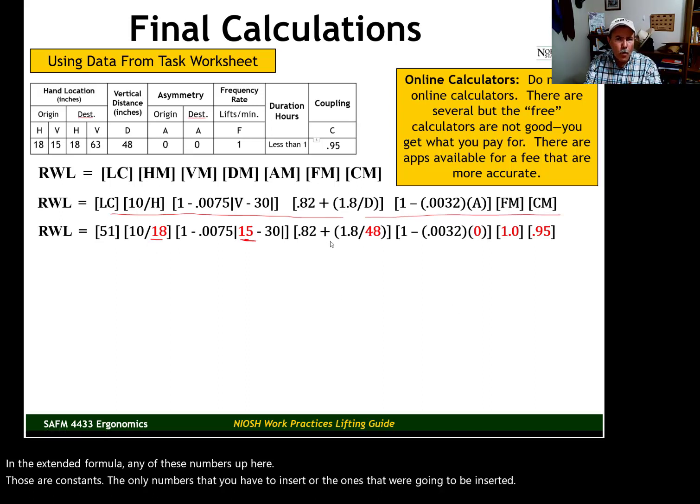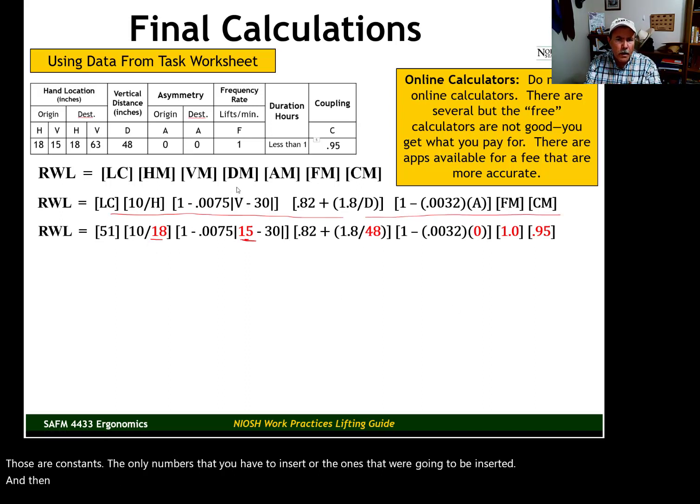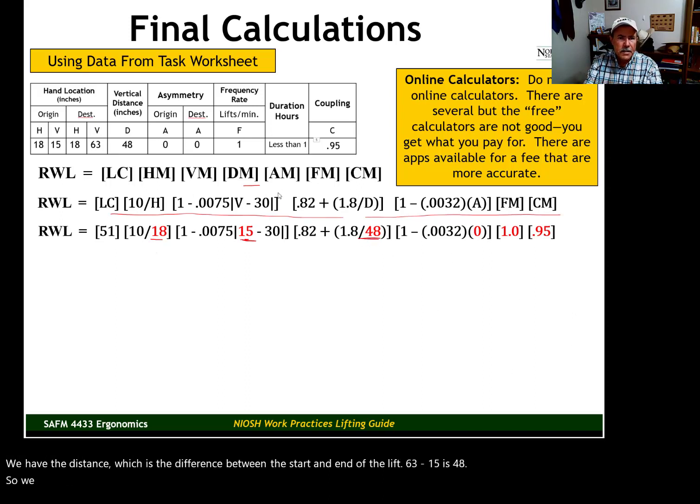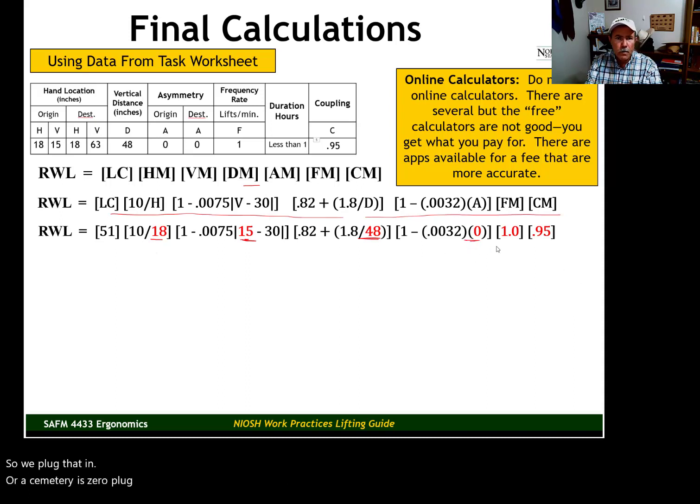And then for the distance multiplier, we have the distance, which is the difference between the start and end of the lift. 63 minus 15 is 48. So we plug that in. Our asymmetry is 0. Plug that in. Our frequency multiplier is 1. Our coupling multiplier is 0.95.